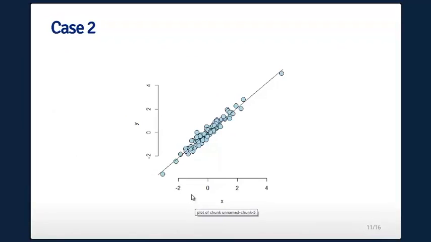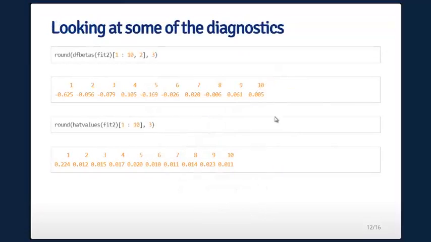Okay, so now let's consider a case where there is a regression relationship, and see the point which is sort of outlying in terms of its x and y values, but still quite well fits the regression relationship. In this case, if we do the DFBETAs, you can see that that point is generally in line with the other ones, not outrageously so, but its hat value is quite a bit bigger than a lot of the other data points.